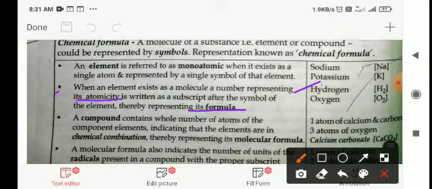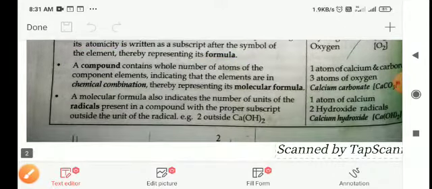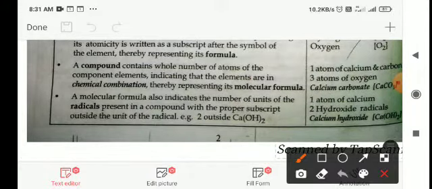Now compound. As we know, when two or more elements combine with each other and form a substance, that is known as a compound. This compound is represented as a molecular formula. For example, calcium carbonate. Atoms of calcium, carbon and oxygen combine, and then calcium carbonate is formed.